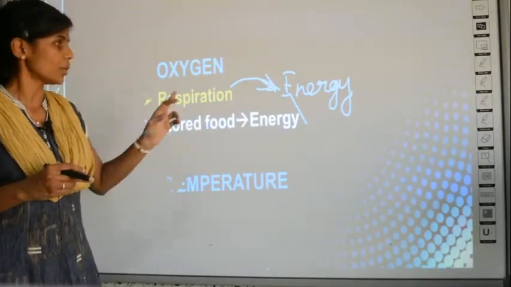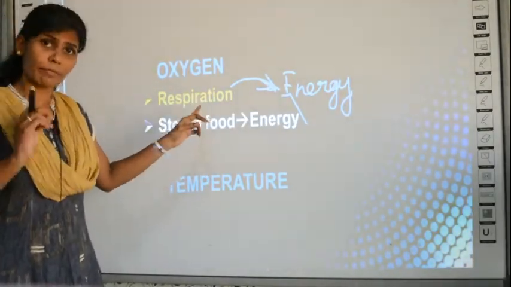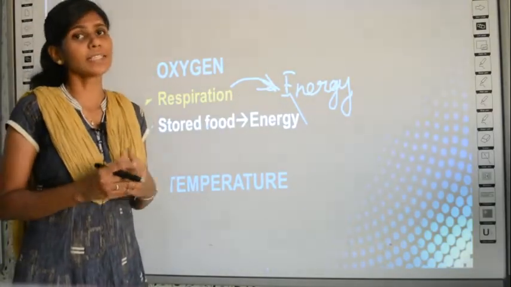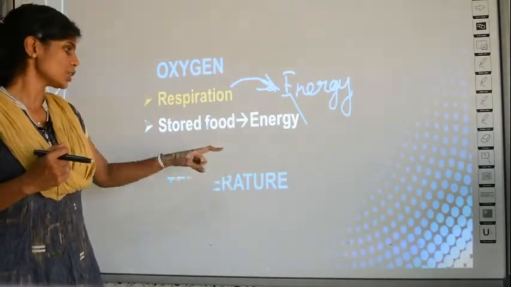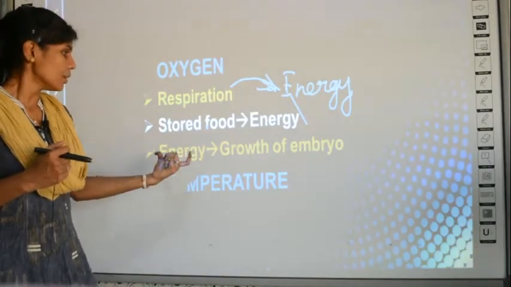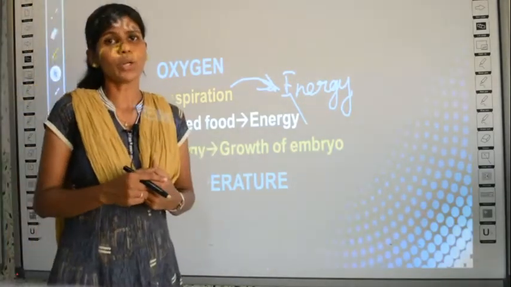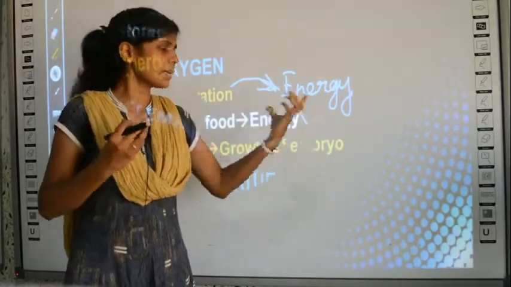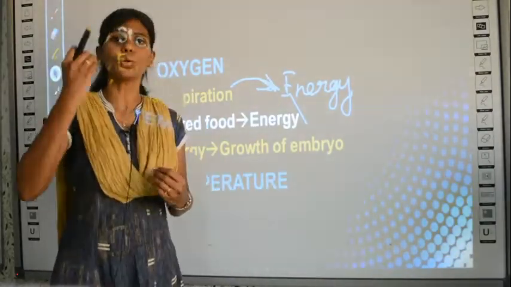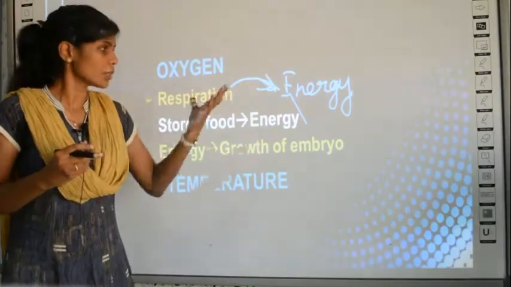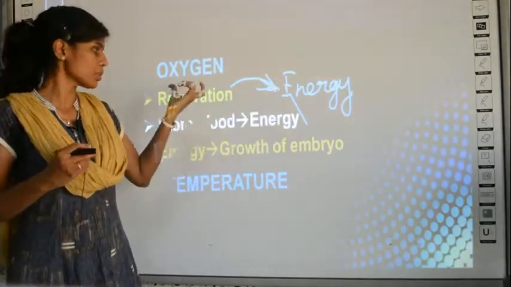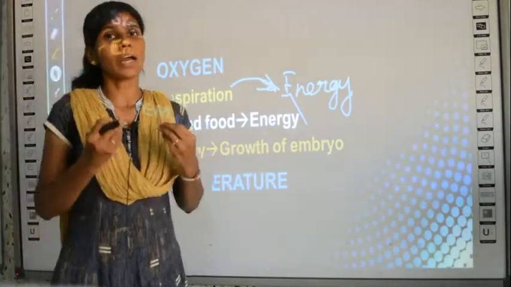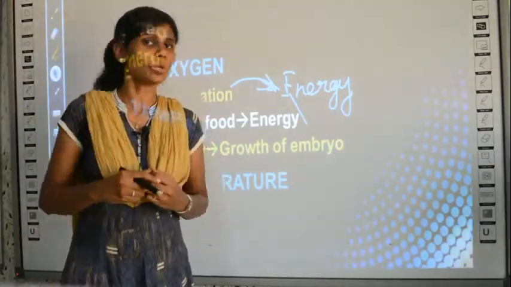So oxygen plus food in the respiration process will give the product as energy, and this energy will help the embryo to grow. What is the embryo? The embryo is the one which will develop into a root or the shoot, no? For growth we need energy, right? So this energy obtained by respiration in the presence of oxygen will finally help the embryo to grow into a root or a shoot.